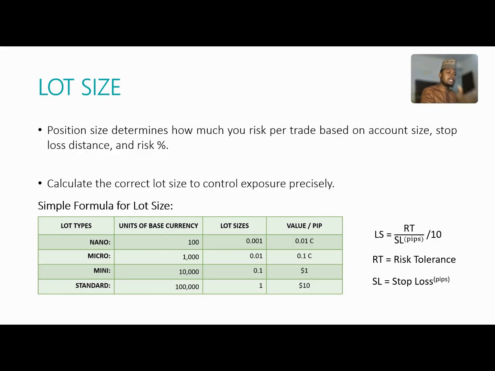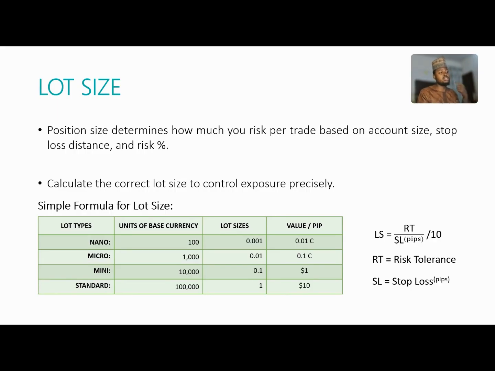So we have the standard lot, which has 100,000 units of base currency. How are you going to use this kind of lot? By using one lot size. If you are using one lot size, you will get $10 if the market moves in your favor, and you will lose $10 if it moves against you.